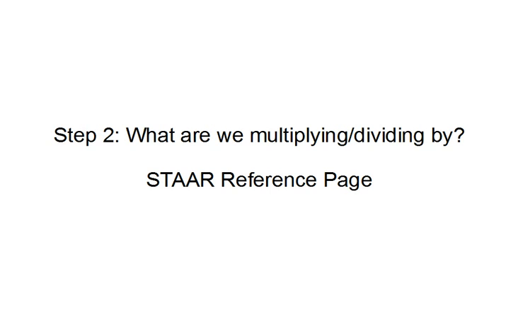Our next step is, what are we multiplying or dividing by? That's where our star reference page comes in. If you don't remember, you can always use the reference that I gave you for your binders. Most of the time now, we have gone through these measurements so many times that you have already remembered them.